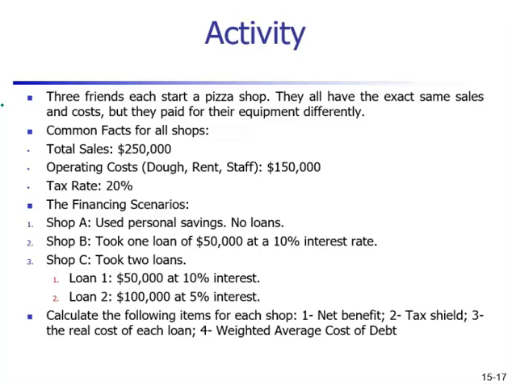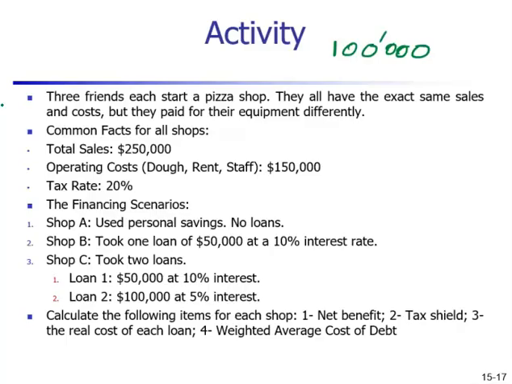Common facts for all the shops: total sales $250,000 per year, operating costs $150,000. So when you do a quick math, you come up with the golden number of $100,000 as profit.